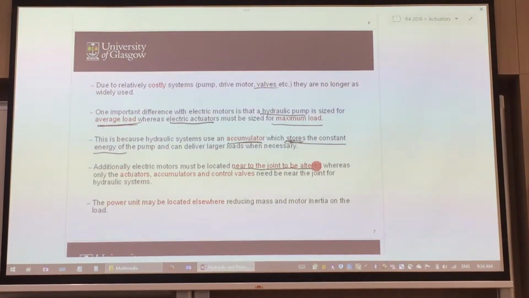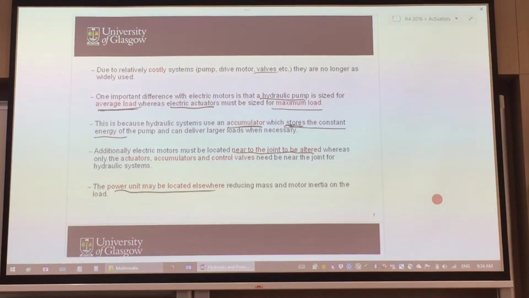Your pump can be so far away. What is required over here is just your valve that can turn it on, off, to switch extension or retraction. So your arm over here relatively will become a lot lighter. So for a hydraulic system, your power unit can be remote, hence reducing the mass and the motor inertia.